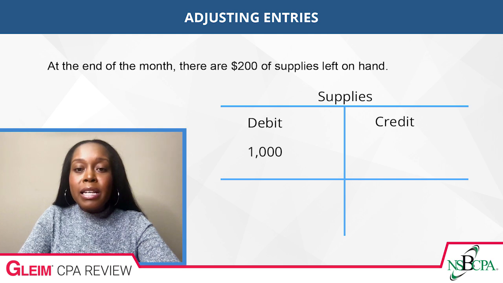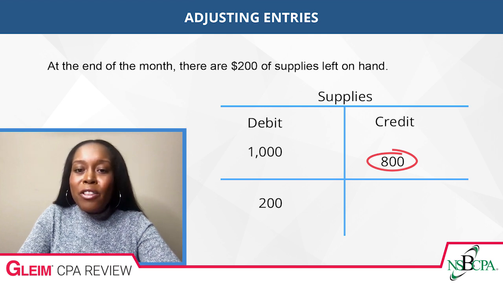Now, I like using the T account to figure this one out. The ending balance of supplies needs to be $200. If the current balance is $1,000, what is the entry needed to update the account? We need to credit the supplies account for $800. Now, what do you think the other side of the entry, the debit, needs to be?